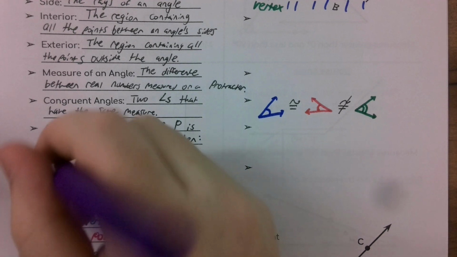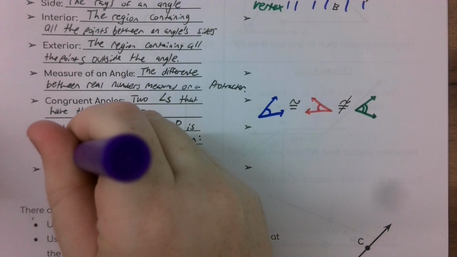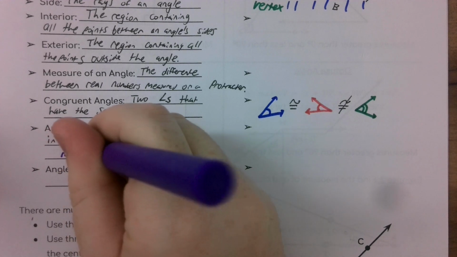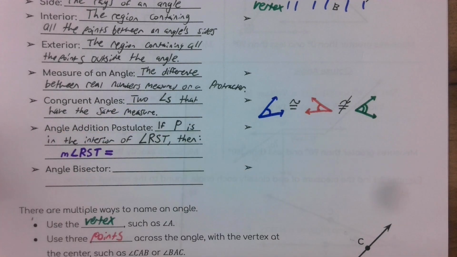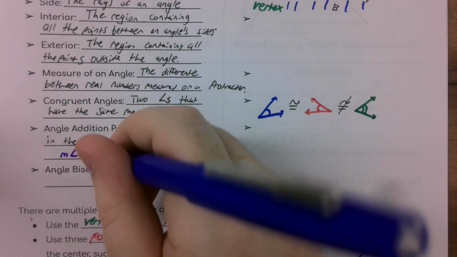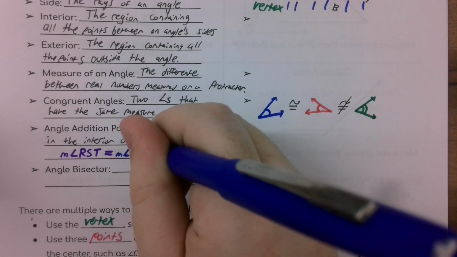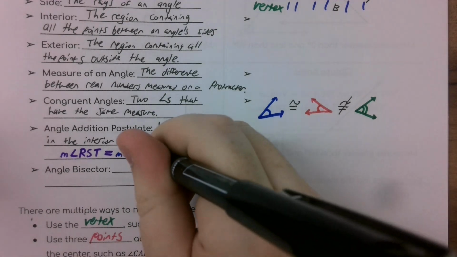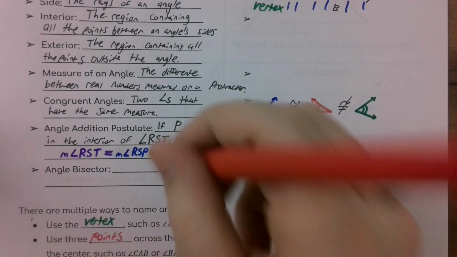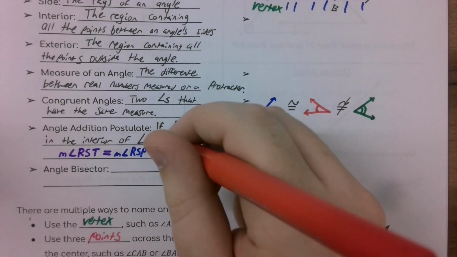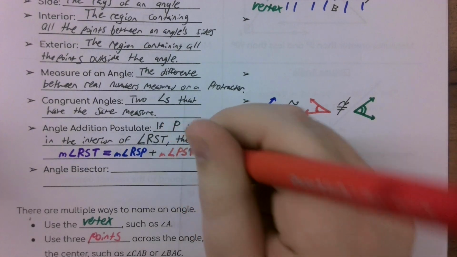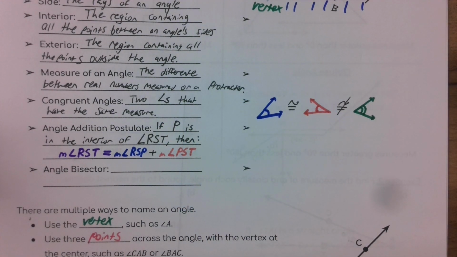The measure of angle RST equals the measure of angle RSP plus the measure of angle PST. What a crazy definition this one is. So let's see an example of what we're talking about here.